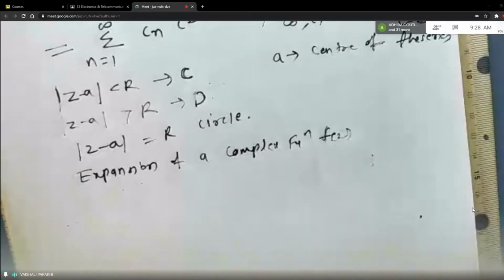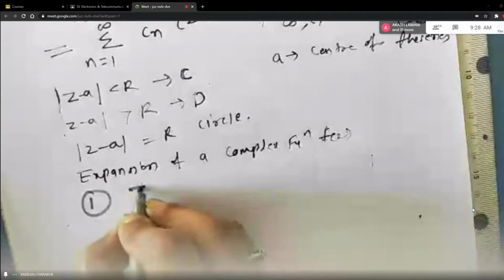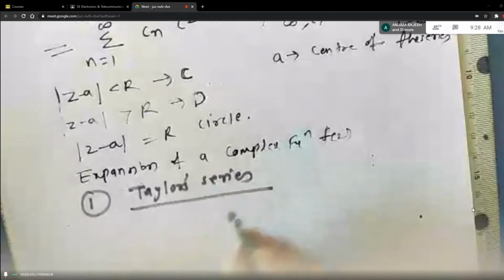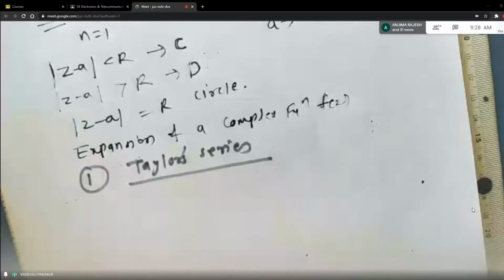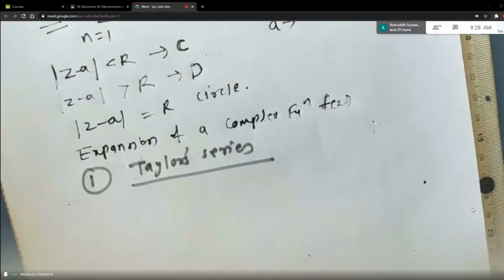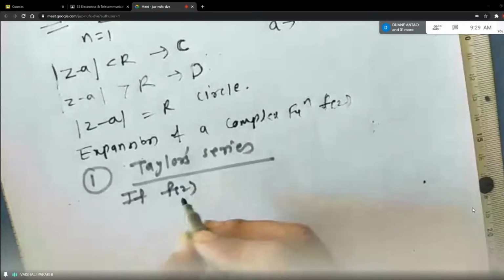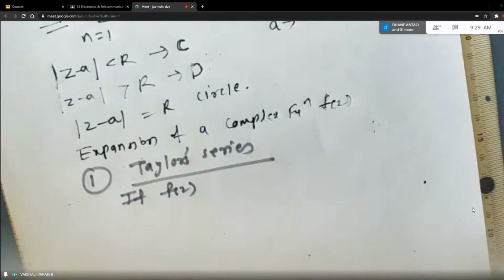Now first I'll give you the Taylor series. What is the statement of Taylor series? Because you have already done Taylor's and Maclaurin series in the first semester, if you remember. So it is the same, only thing is we are talking about the complex series here.